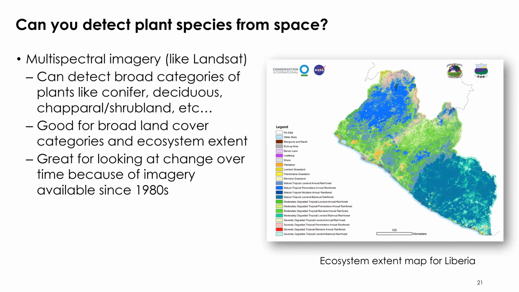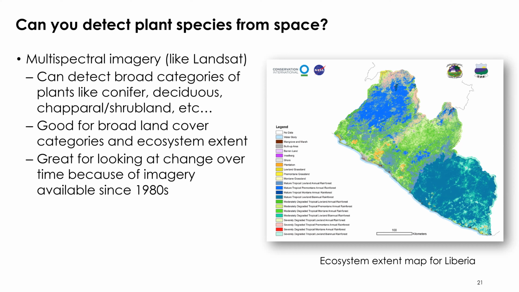And so you just don't have the level of detail that you would with higher spatial resolution or higher spectral resolution. People have tried really hard to get at very specific plant species identification using Landsat imagery, but it's quite difficult.